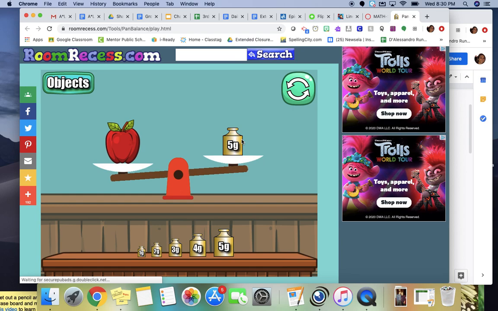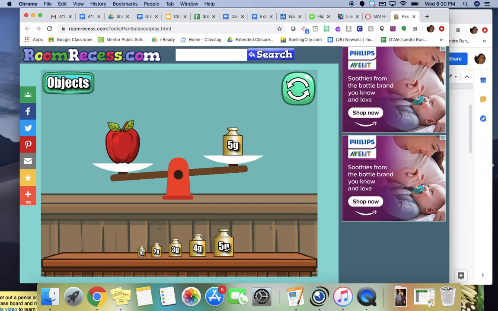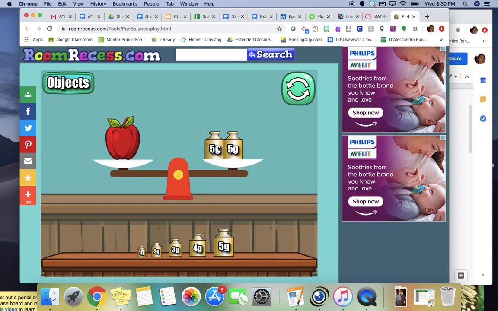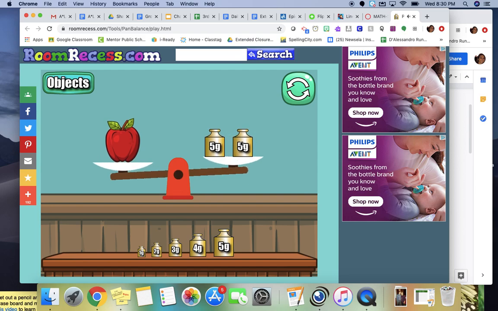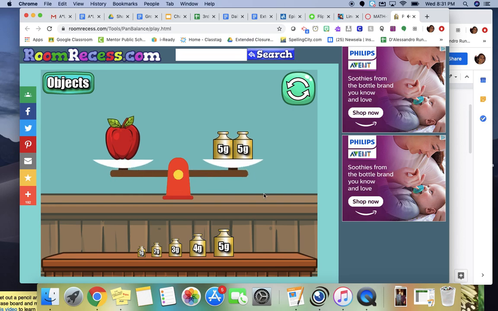But it did bring it down a decent amount, so I have a feeling that if I brought another 5 gram up here, it would be too heavy. So let me see if that would happen. Oh, I guess I was wrong. It isn't too heavy. If you look now, they are perfectly even.